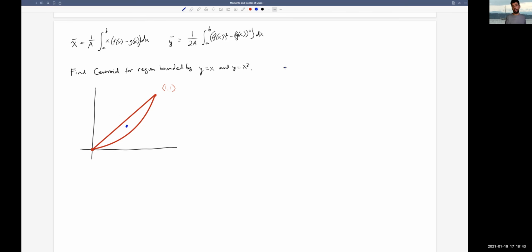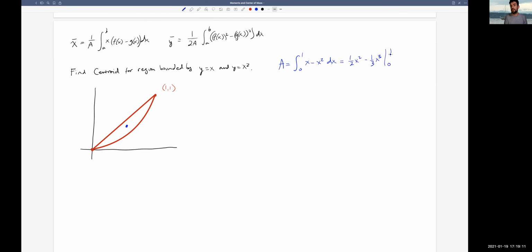We need the area of this shape. So the area of this shape is given by the integral from 0 to 1 of x minus x squared dx. The antiderivative of x minus x squared is 1/2 x squared minus 1/3 x cubed.